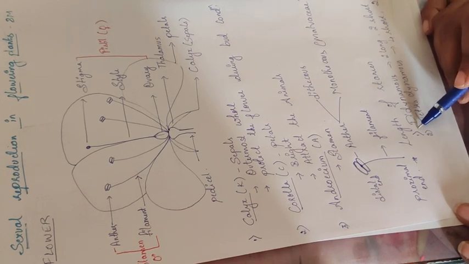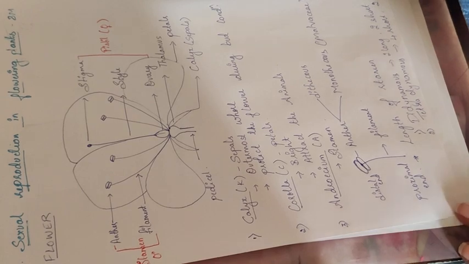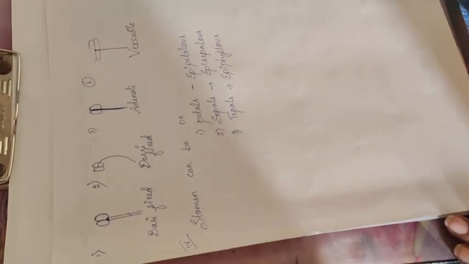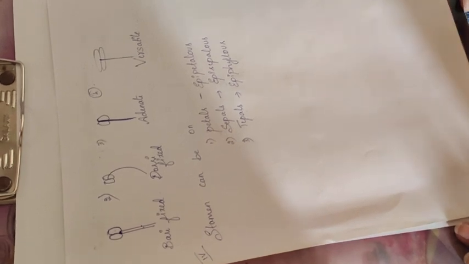It can be of didynamous condition or tetradynamous condition. Based on the attachment of the filament to the anther, there are 4 types: basifixed, dorsifixed, adinolate and versatile. And where is the stamen present? If it is present on the petal, epipetalous. On the sepals, epicephalous. On the tepals, it is called epiphyllous.